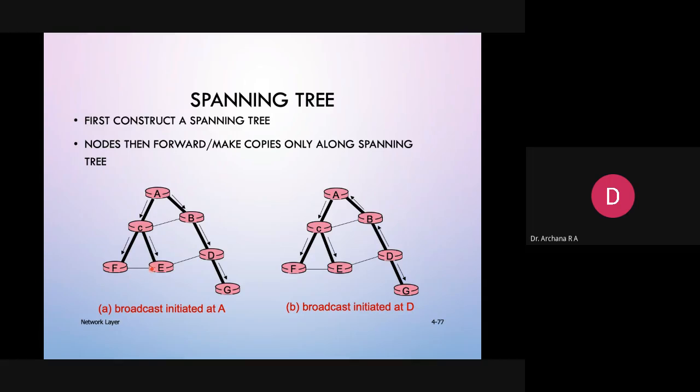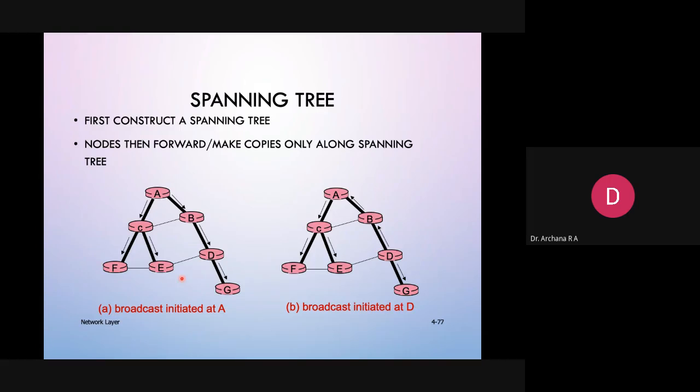We have to see that we cover all the nodes in the network, a tree with all the nodes existing in the network. A spanning tree has all the nodes covered with the minimum possible number of edges or the minimum cost, so we call it the least cost path.